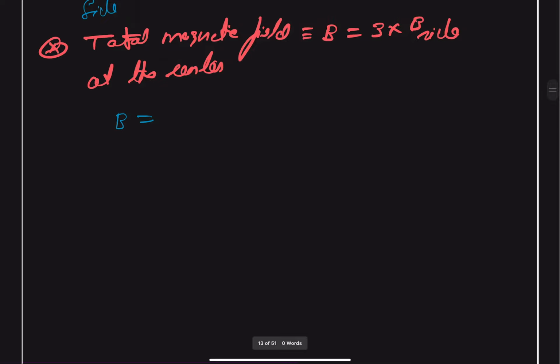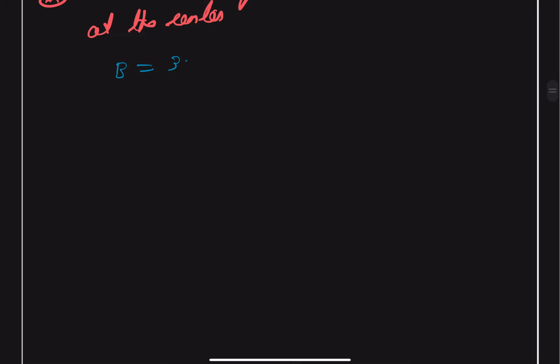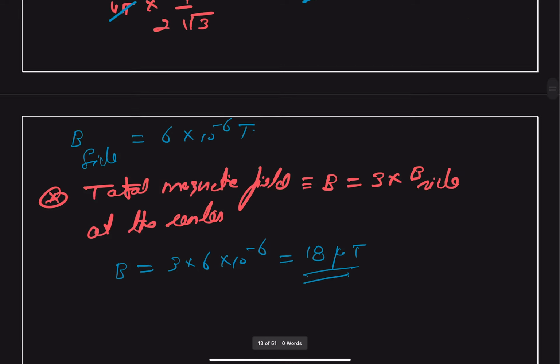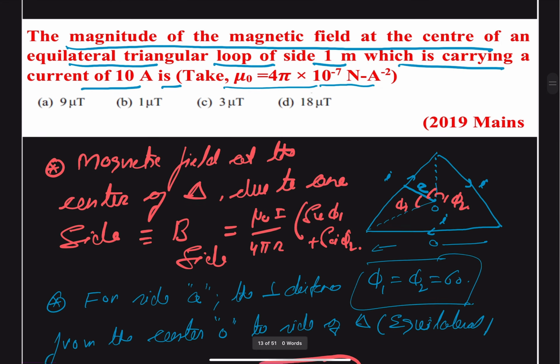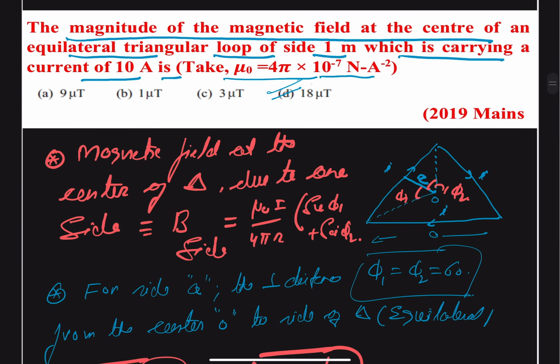So we get this B will be equal to 3 into 6 into 10 to the power minus 6. This gives us 18 micro Tesla. So the option number D is the correct option.